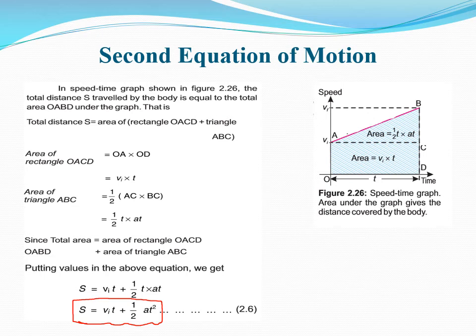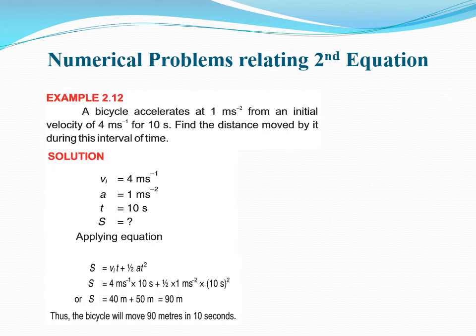So dear students, we have derived the second equation of motion with this graph 2.26, and finally we got this equation, which is the mathematical formalism for the second equation of motion, and it is read as S equals ViT plus 1/2 80 square.